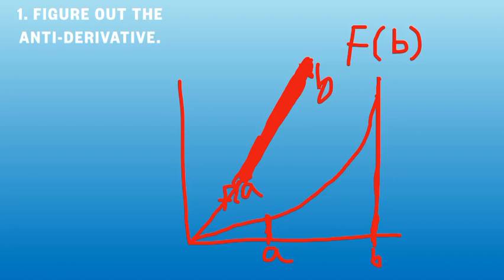Actually, I should say F of a, F of b, whoops, right, minus F of a, and this is lowercase f of, let's say, box. I don't know, for lack of a better thing, box. This is lowercase f, and this is capital F.